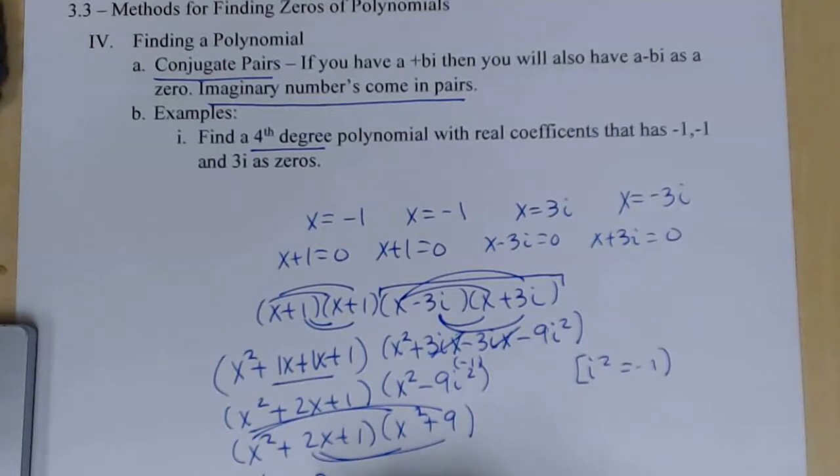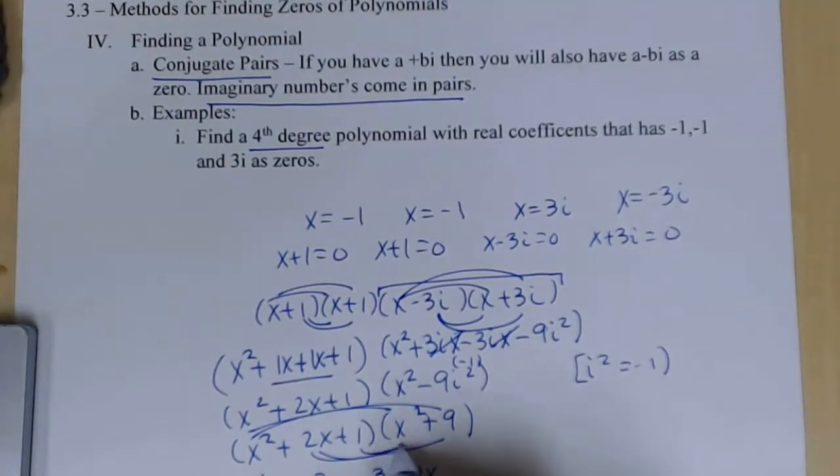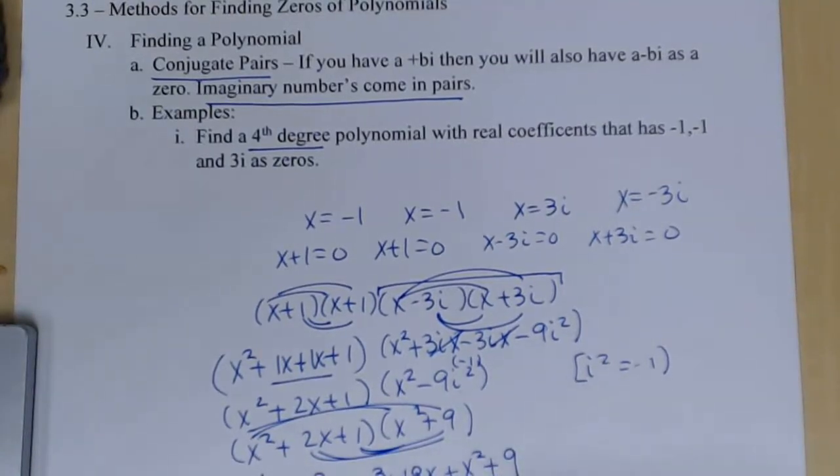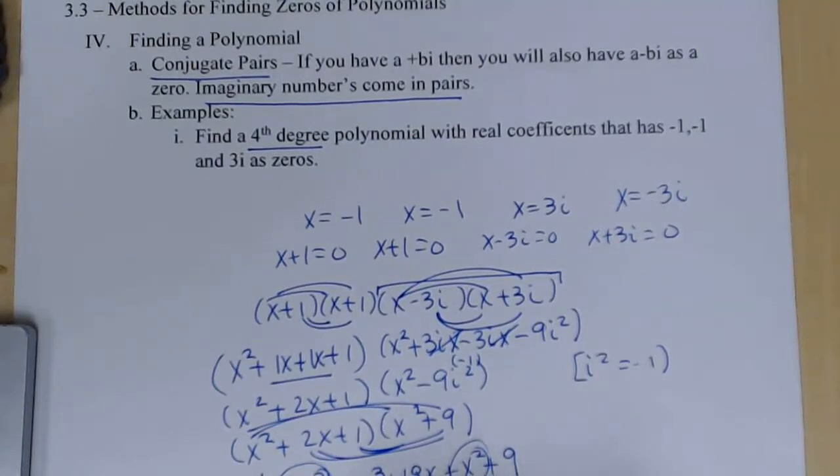Distribute. Plus 2x cubed plus 18x. Distribute. Plus x squared plus 9. So putting all that together, I have x to the 4th, 9x squared and x squared give me 10x squared, plus 2x cubed plus 18x plus 9.